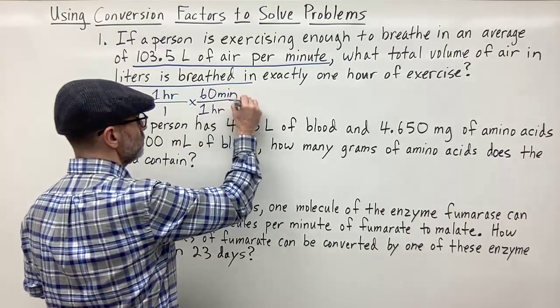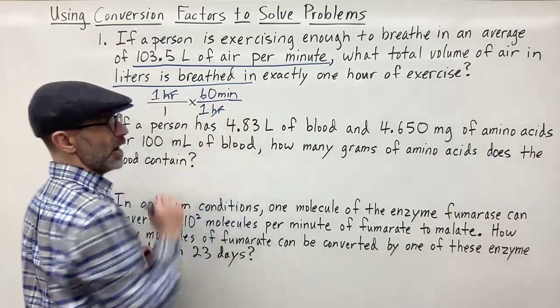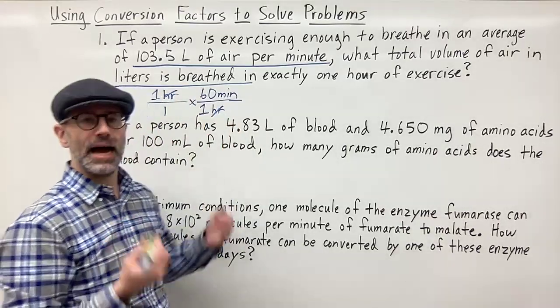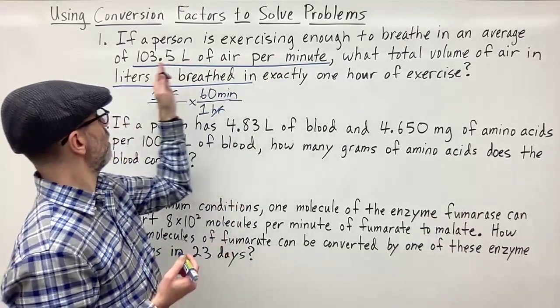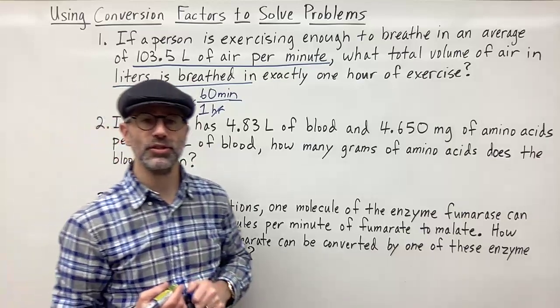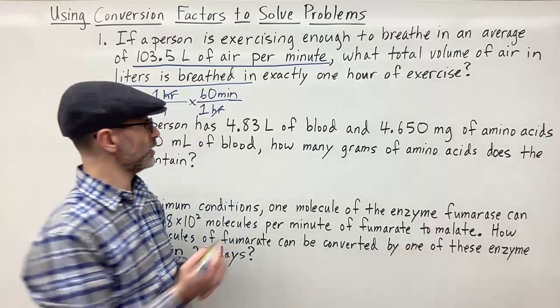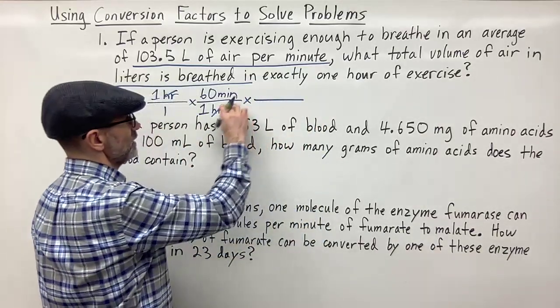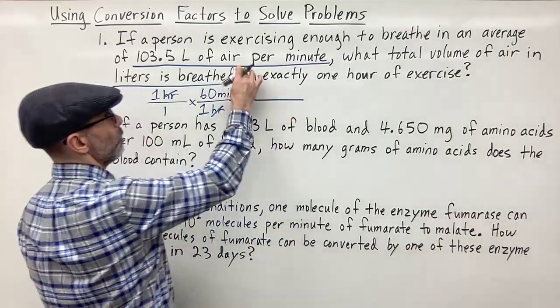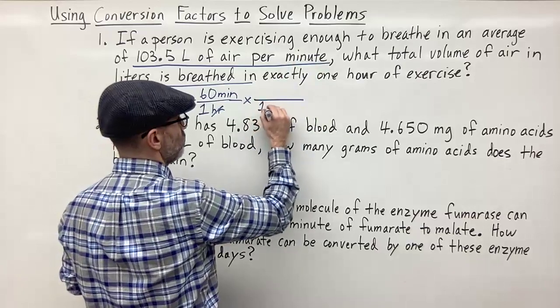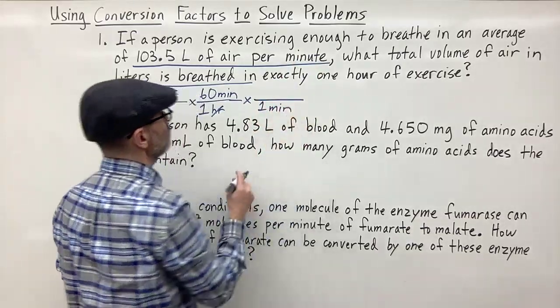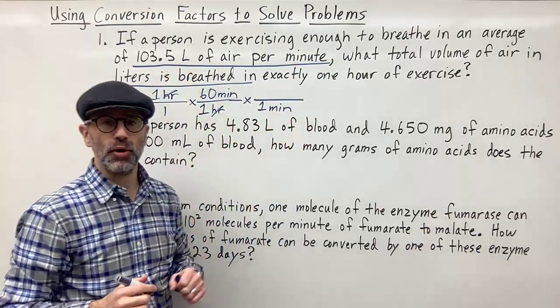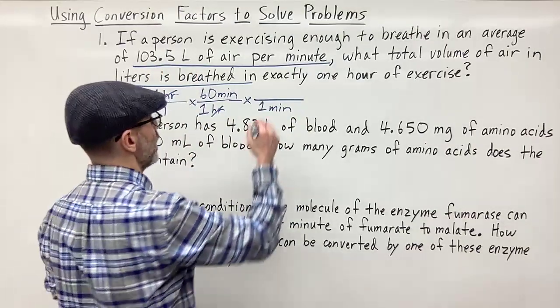So hours cancel out. Now we have minutes, so we can use the 103.5 liters of air per minute as a conversion factor. Since we have minutes on top, we want minutes on the bottom. Per minute means 1 minute, so we put 1 minute on the bottom and 103.5 liters of air on top.